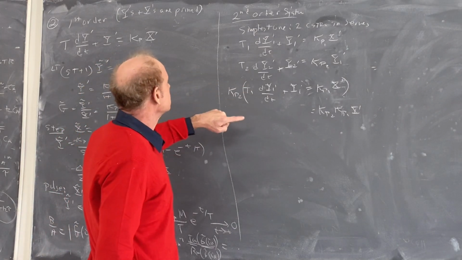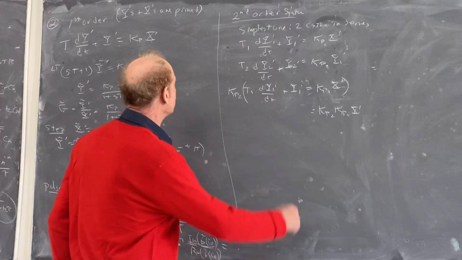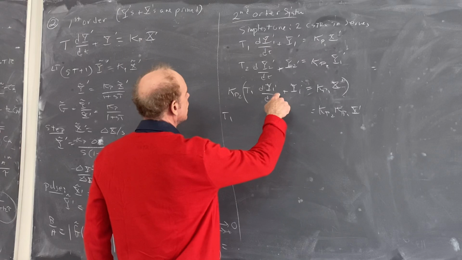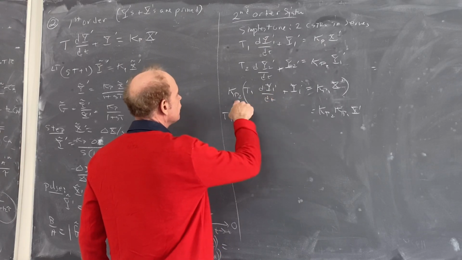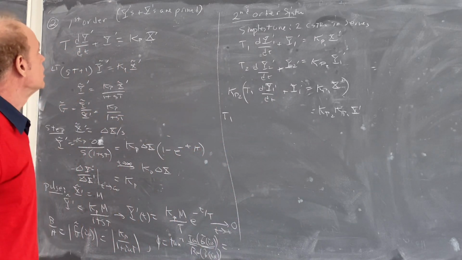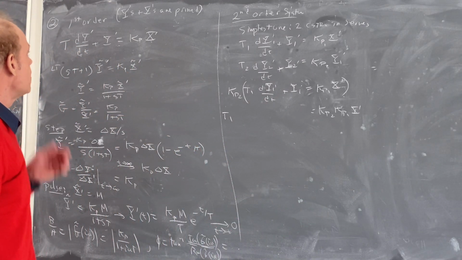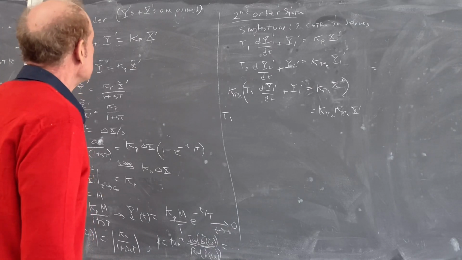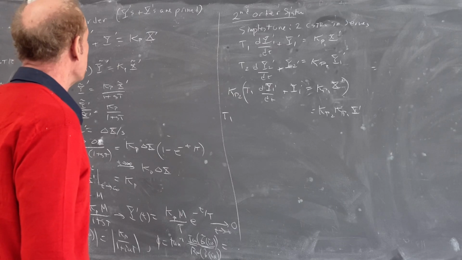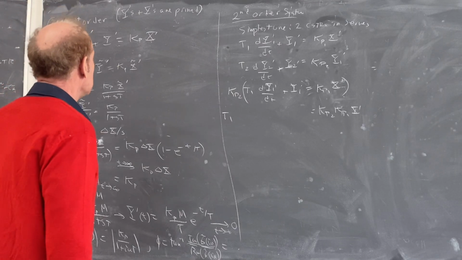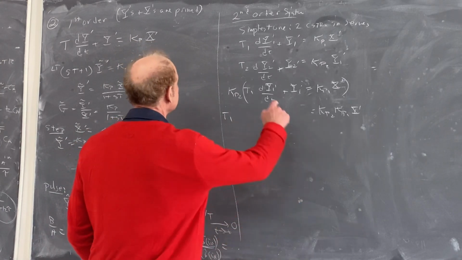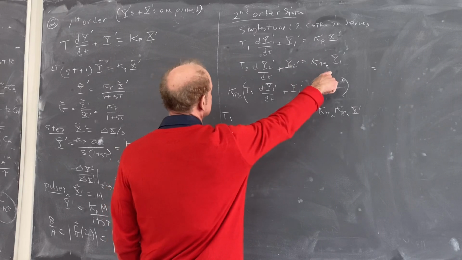On the left hand side, I've got T1 times ddt of Kp2 y1. Did I do that right? So I have dy1 dt, and I want to take ddt of this.